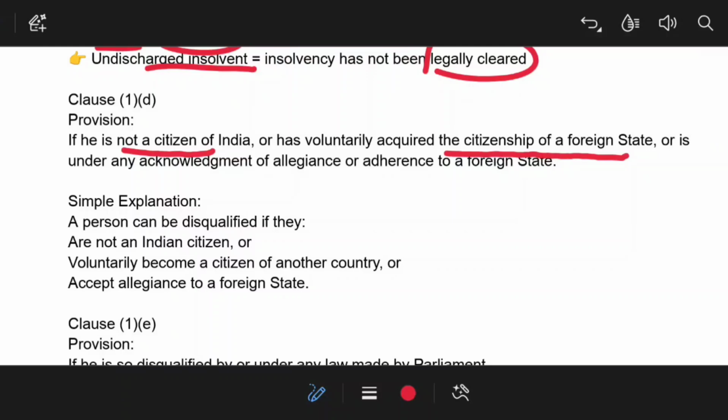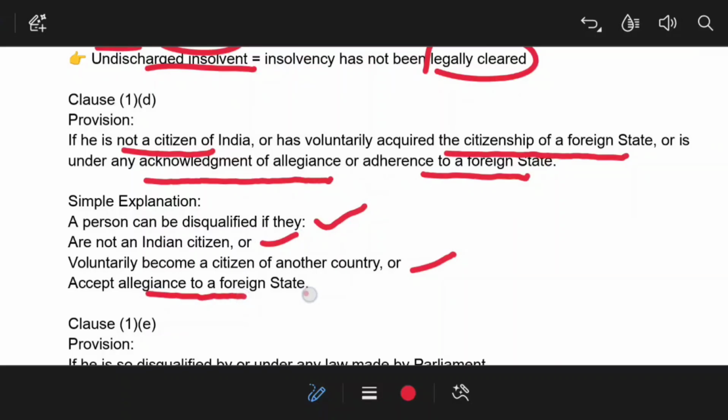As soon as you cease to be a citizen of India, you also cease to be a member of the House, or if you are under any acknowledgement of allegiance or adherence to a foreign state, that means you are spying for a foreign state. So a person can be disqualified if they are not an Indian citizen, voluntarily become a citizen of another country, or accept allegiance to a foreign state.